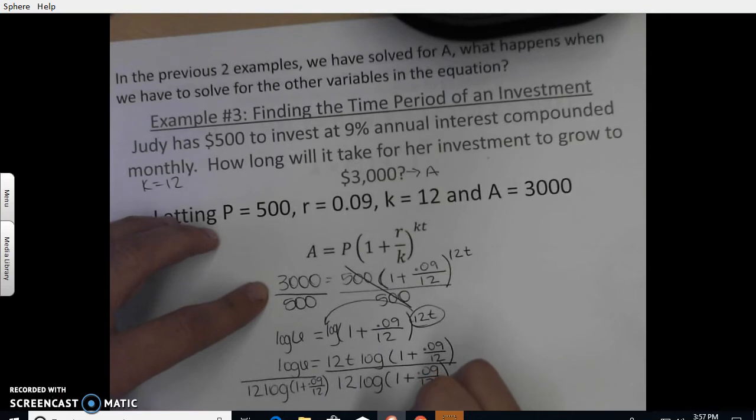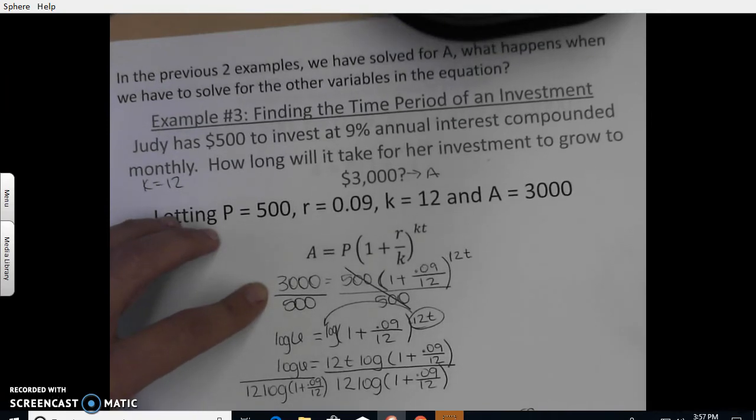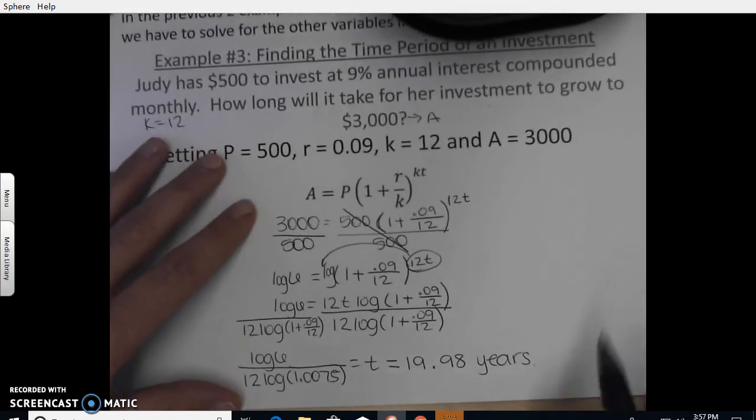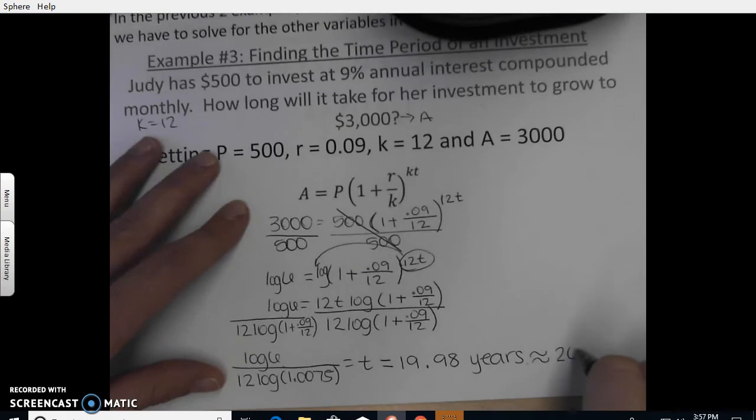And I get t is equal to 19.98 years. I'm going to take this and say this is about 20 years.